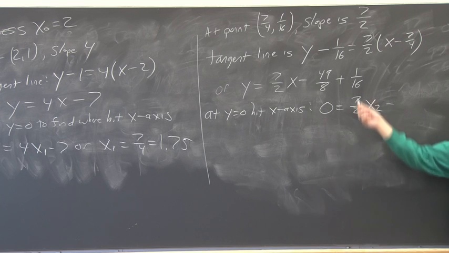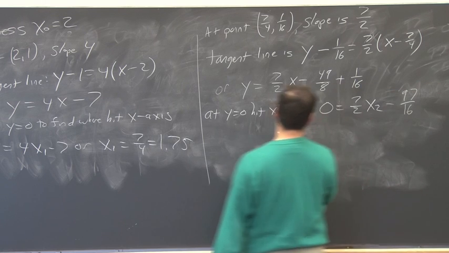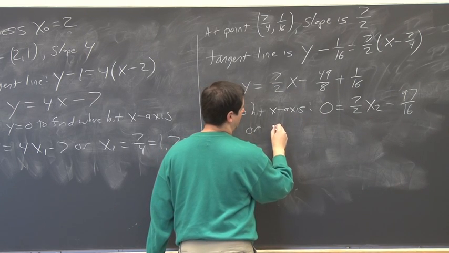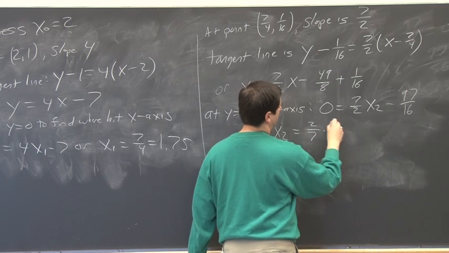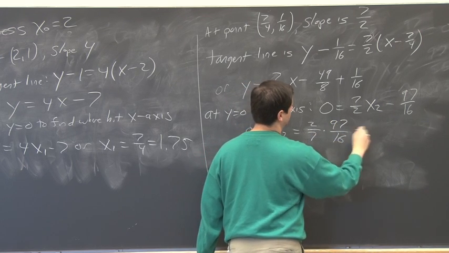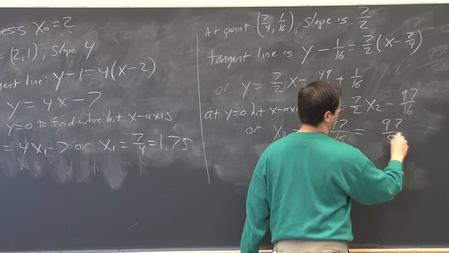Damn, we're off by like a minute. 98/16 plus 1 should be 97. So minus 97/16. Or x2 is equal to 2/7 times 97/16. 2 goes into that 8 times. We get 97/56.